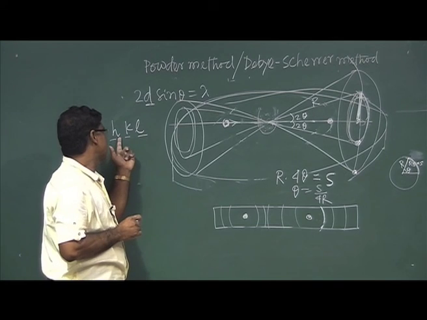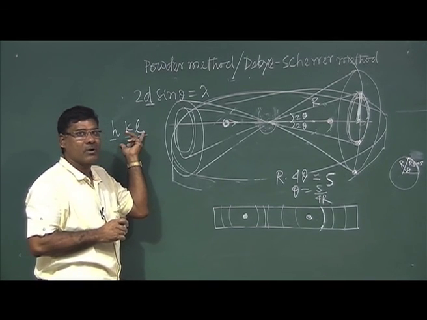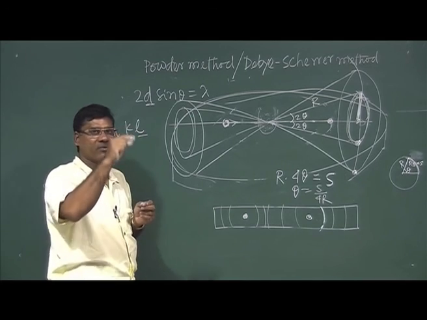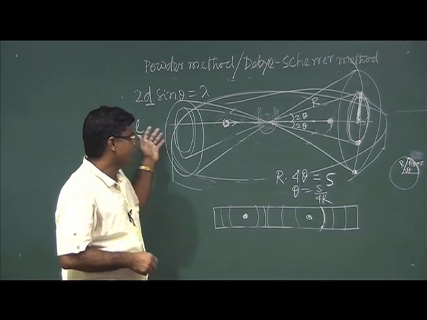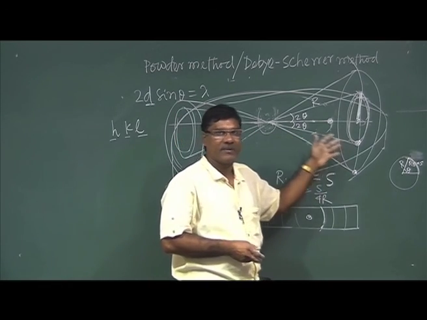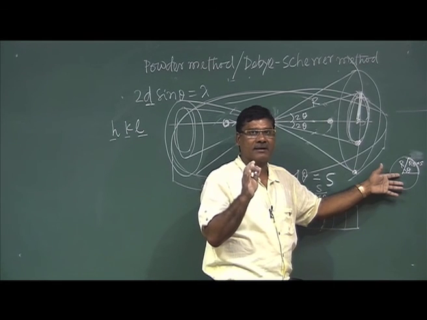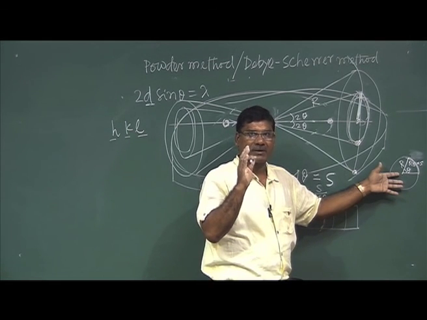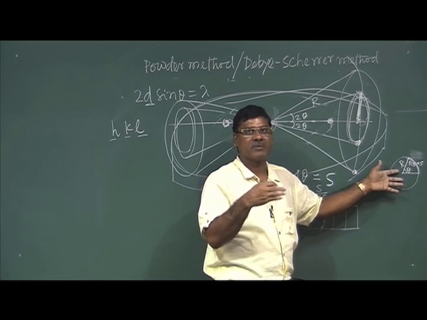How do we know these HKL values? For that we need more diffraction peaks. As I told, it is for a particular crystal with only a particular lattice constant, and the Miller indices will be different.